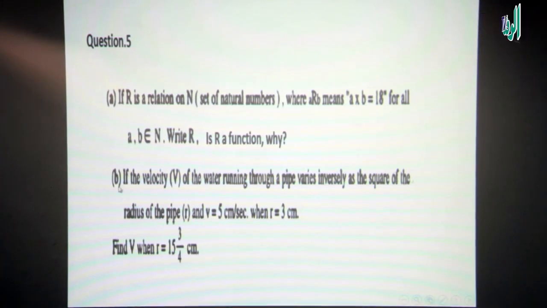Okay, number B. If the velocity v of the water running through a pipe varies inversely as the square of the radius of the pipe r, and v equals 5 centimeters per second when r equals 3 centimeters, find v when r equals 1 and 3/4. Okay, this is English translated into math.